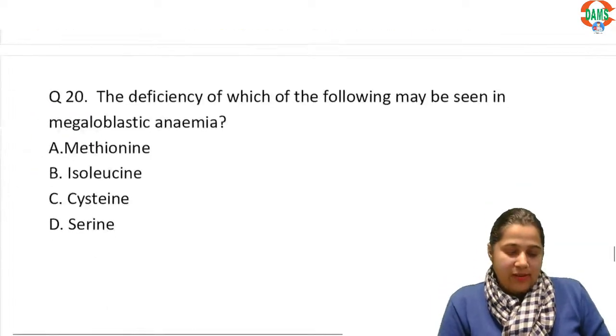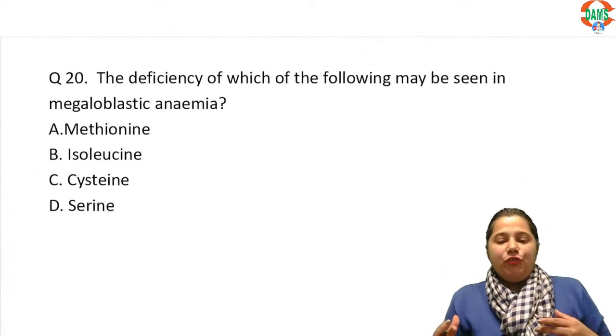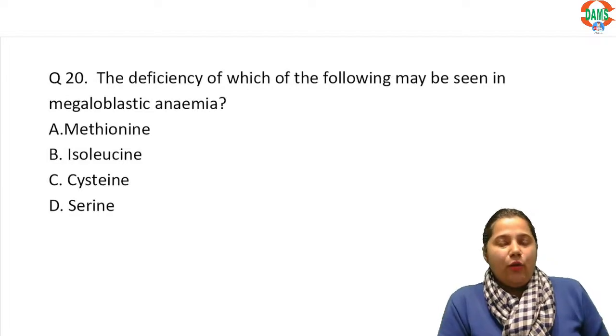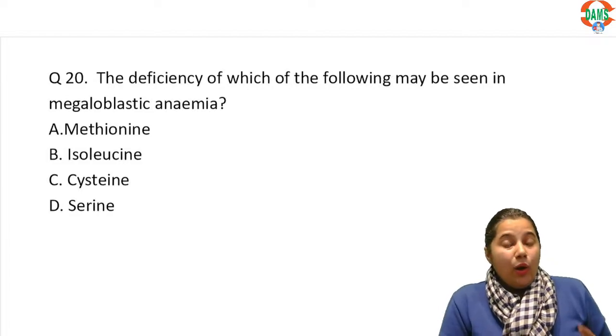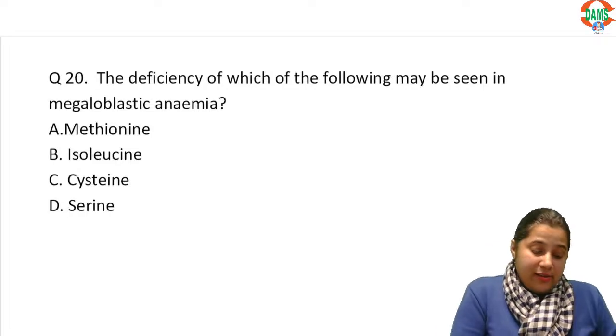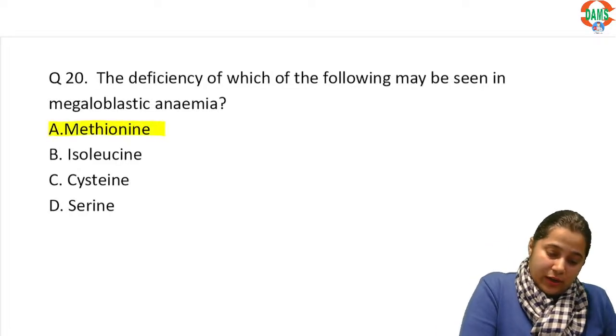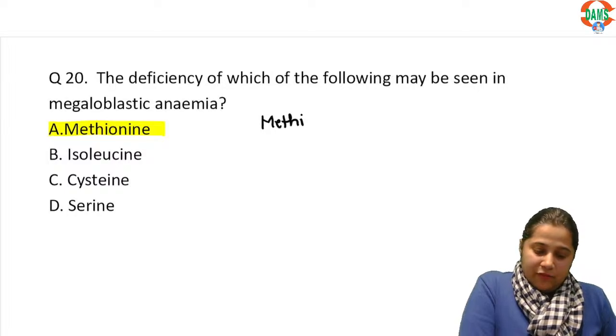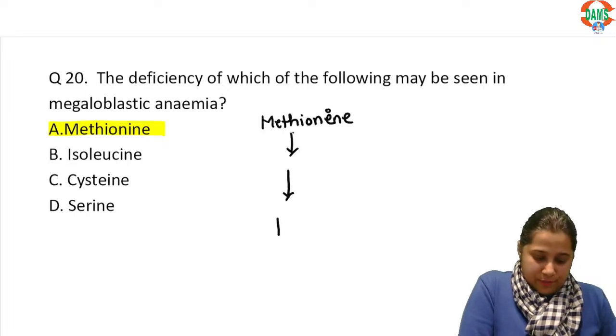Question number 20. Deficiency of which of the following may be seen in megaloblastic anemia? Which amino acid? It is methionine. Methionine, via a series of reactions, will first form homocysteine.